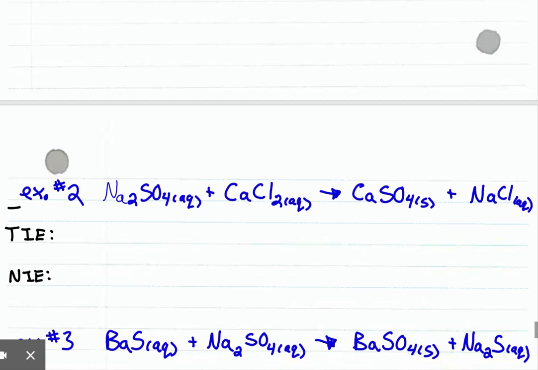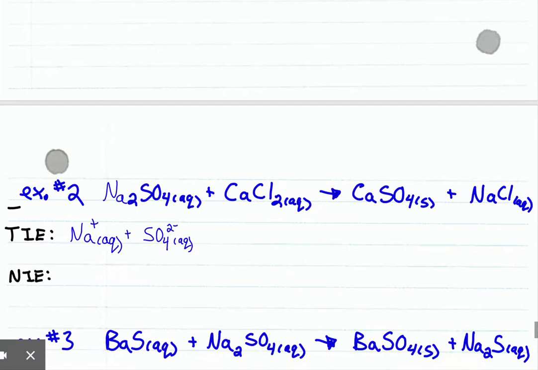Now, we know that this sodium sulfate is going to separate into a sodium ion. So Na, we include the ionic charge, and we write the subscript Aq. And it's going to break apart into a sulfate ion with its ionic charge plus Aq.